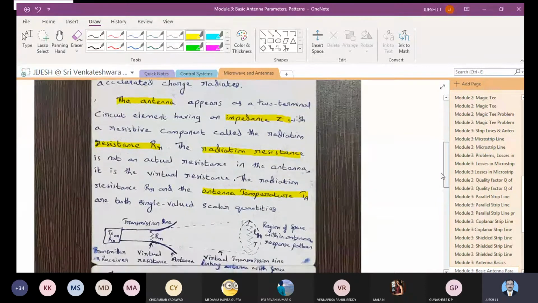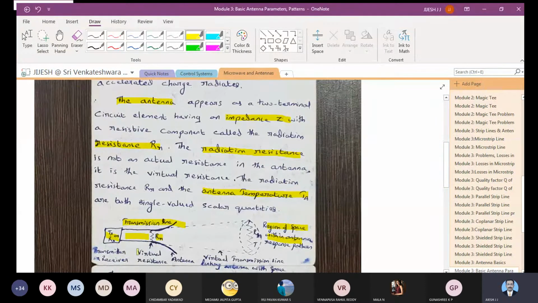This is what you can see here. This is the transmitter section, and this is the transmission line, so the signal will flow through this. Some radiation resistance will be generated, called RR. It is the region of space within the antenna which responds, and as I have told you, it is a virtual resistance.